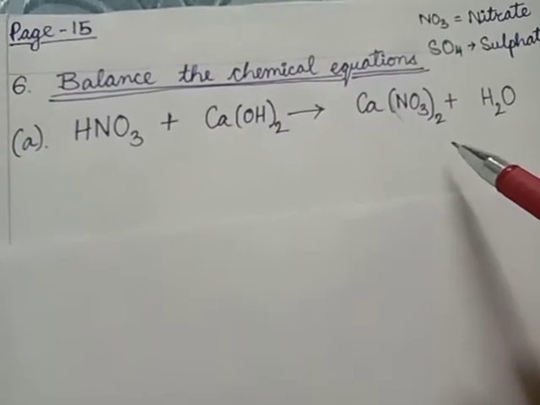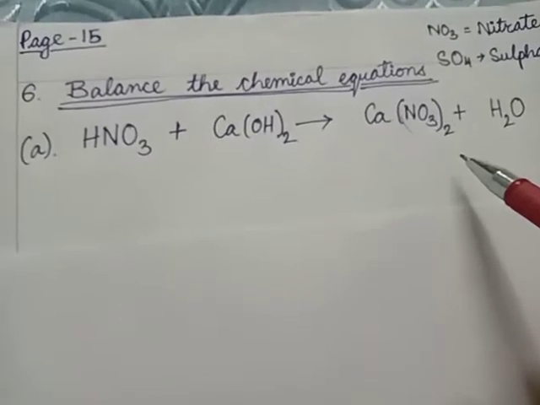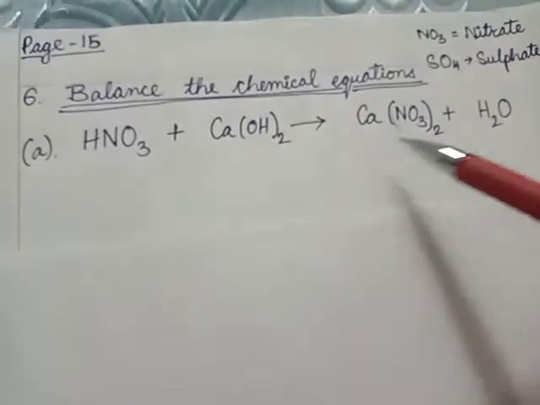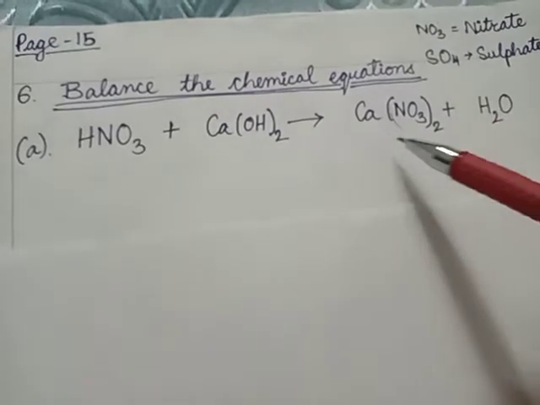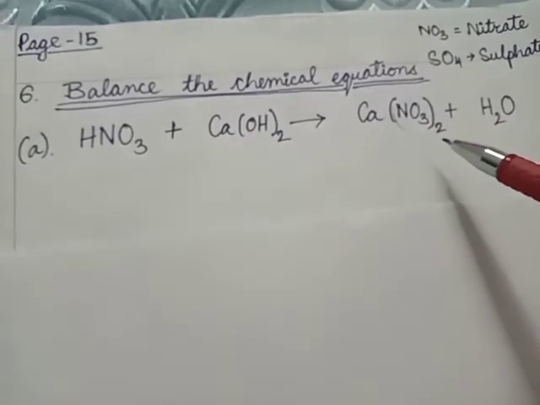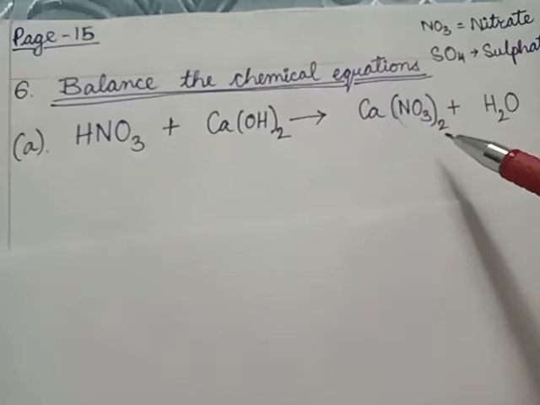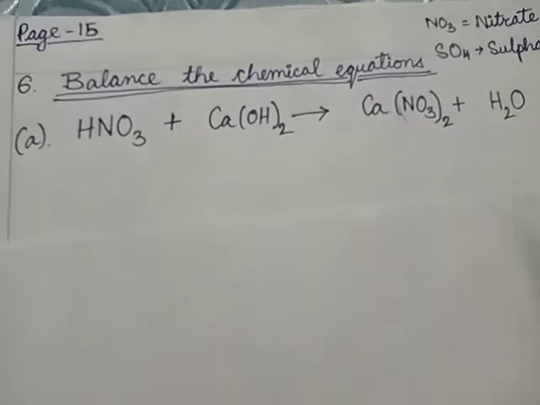The rule is, at first we look for that compound which has the highest number of atoms. Among these 4 substances, calcium nitrate has the highest number of atoms. So we will start balancing the equation from here.